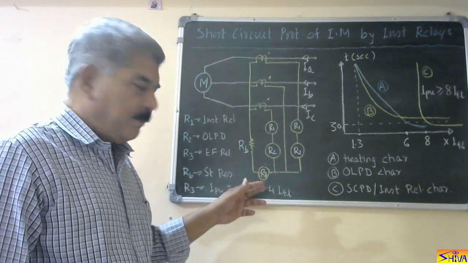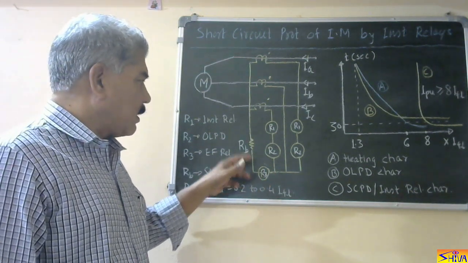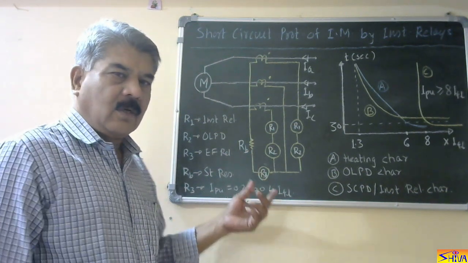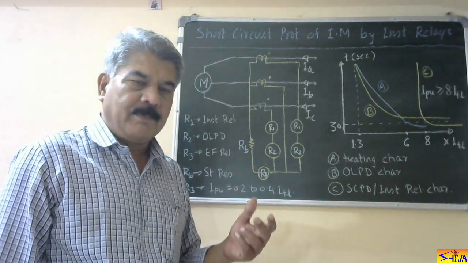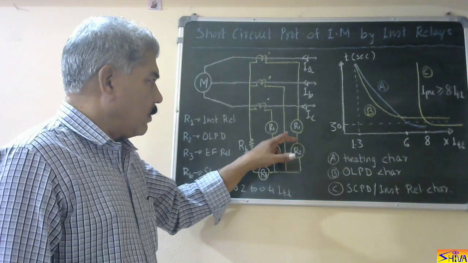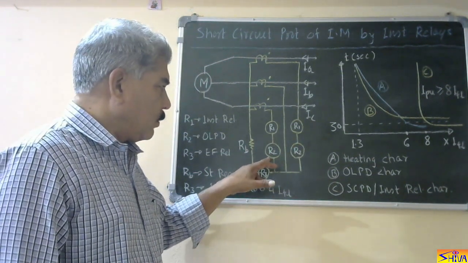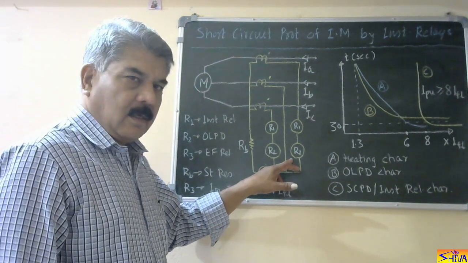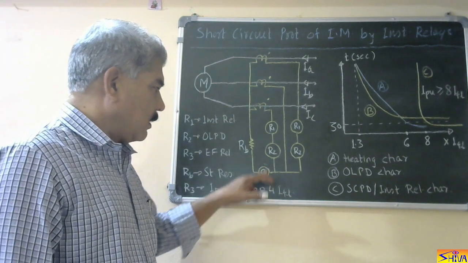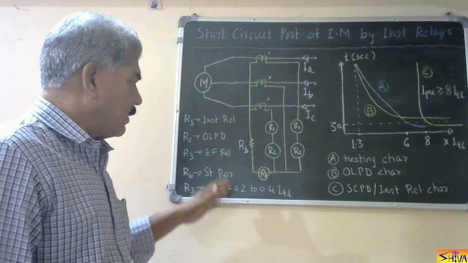So to avoid tripping of this earth fault relay during such conditions, stabilizing resistance is used. Due to this stabilizing resistance, this relay does not trip due to CT ratio errors as well as some imbalance in the supply. So two phase fault relays for short circuit protection, two replica relays for overload protection, and one relay in the residual circuit to protect against earth fault. So this is the scheme.